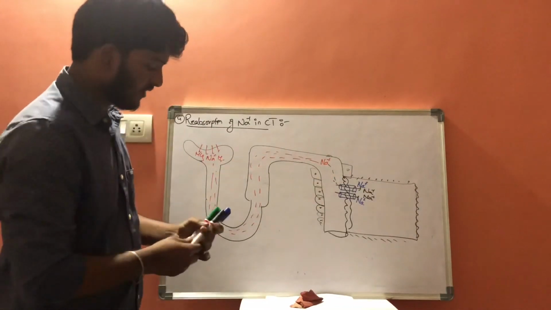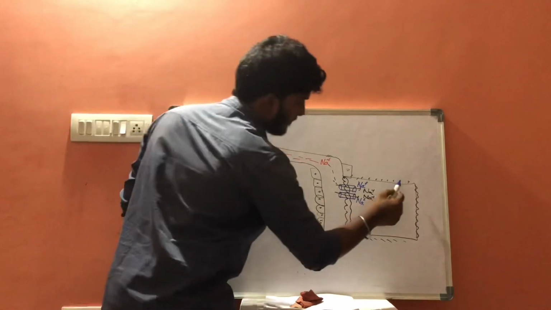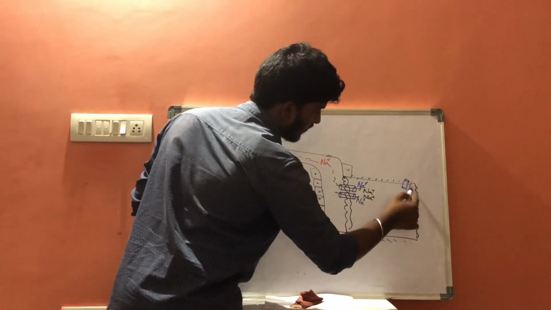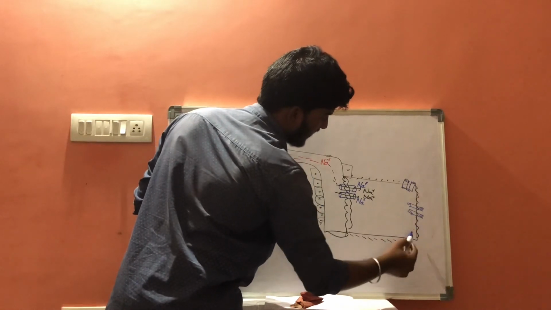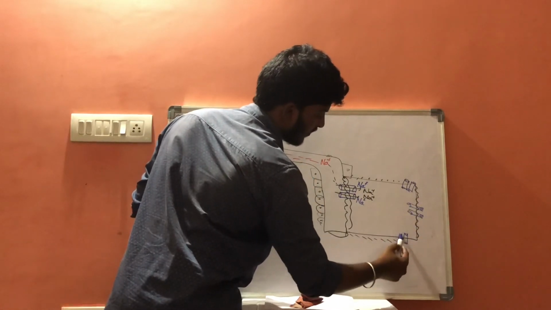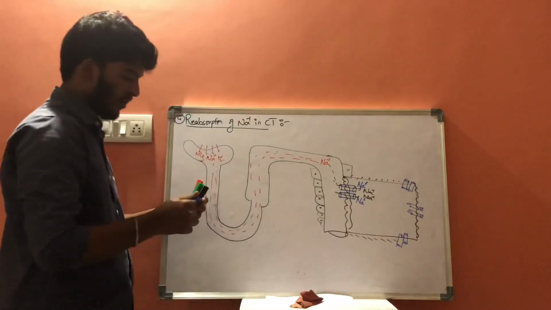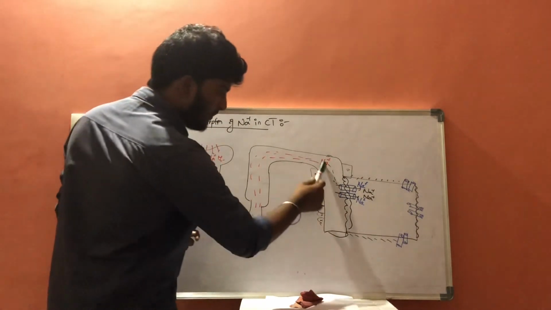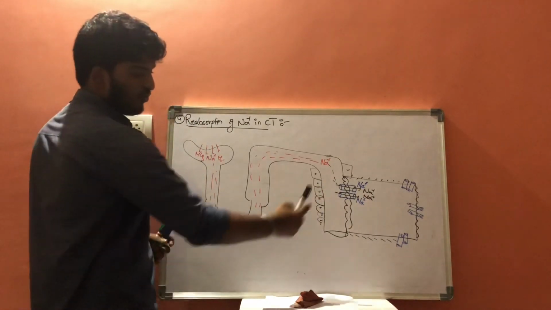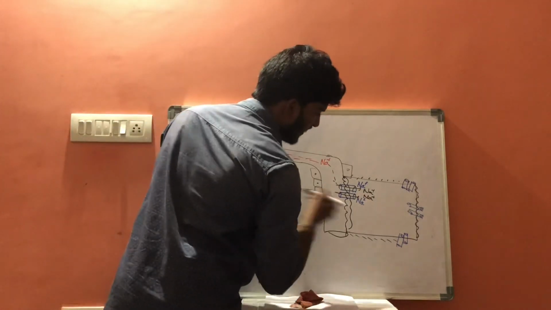Now, as we know, there are sodium potassium ATPases. Whatever sodium is present inside the cell, which entered with the help of these sodium channels, will be moving in this area.